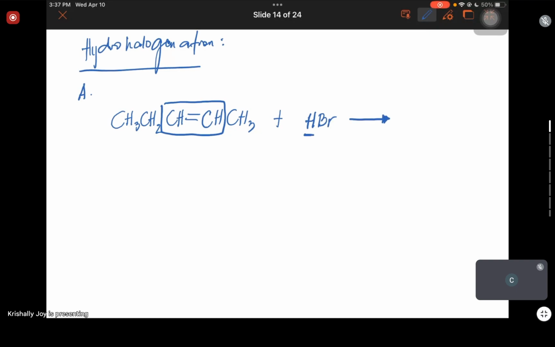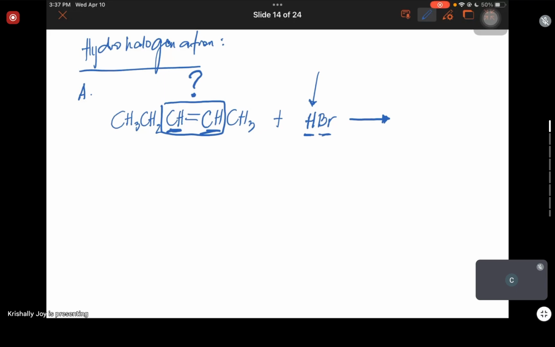The hydrohalogen is hydrogen bromide. Of course, looking at the reactive site of the alkene, the degree of substitution is the same. Is the number of hydrogens the same?